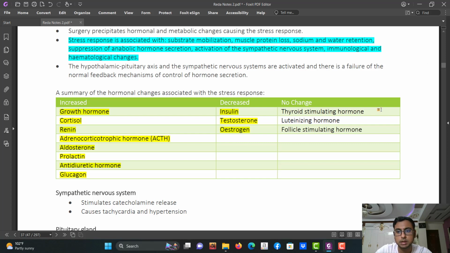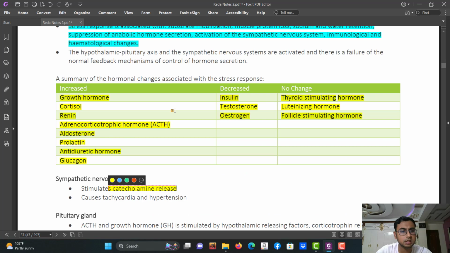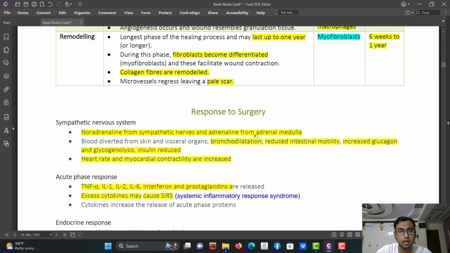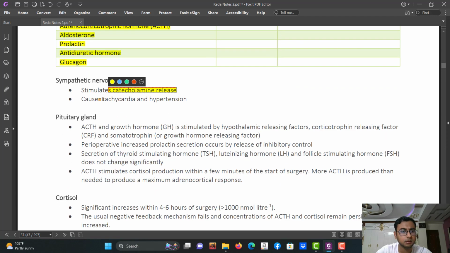So what are the hormones that have no change? That is TSH, thyrotropin releasing hormone, which causes thyroid stimulating hormone, luteinizing hormone, and follicle stimulating hormone. Now the sympathetic nervous system stimulates catecholamines. I already discussed that the sympathetic system increases noradrenaline and adrenaline from the medulla, and causes tachycardia and hypertension.